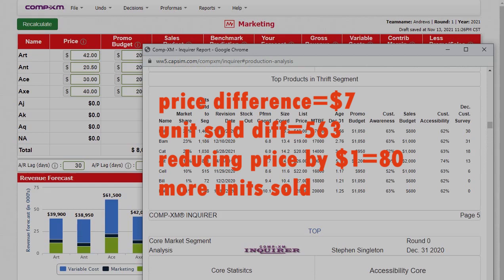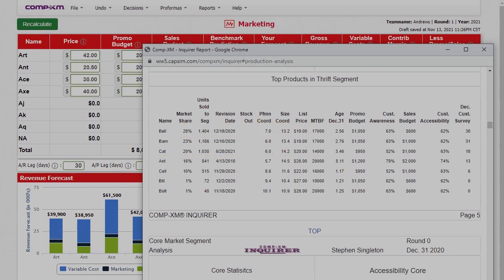This translates to about a dollar difference compared to bell and our product, and actually a dollar had a difference of 80 units. So if we just take this difference of 80 units and try to figure out if everything is proportionate, meaning that if we reduce our prices by a dollar, we actually gain 80 units, or we sell 80 units more.